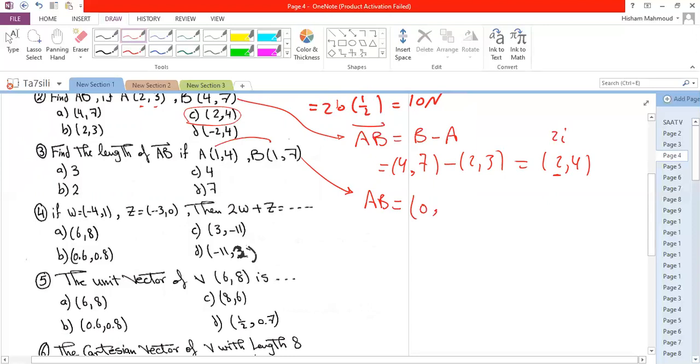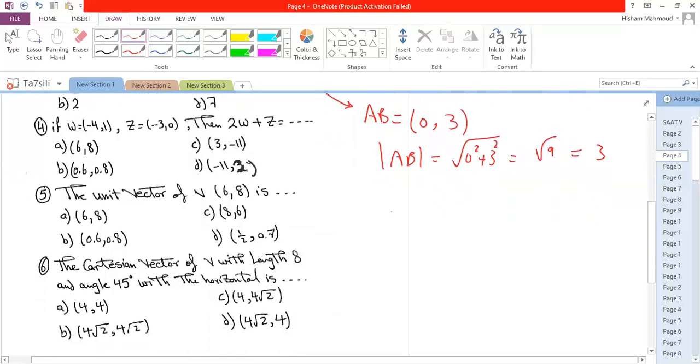And from the point 4 to the point 7, you move 3 units. If you want to find the magnitude of AB, it's the square root of 0 squared plus 3 squared, which is root of 9, which is 3. So this is how to find the distance between 2 points using vectors.